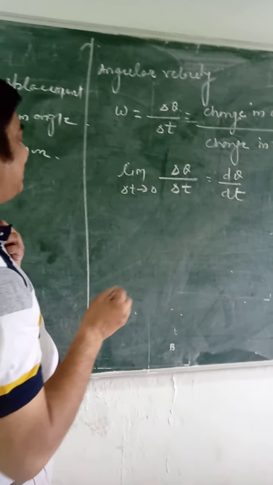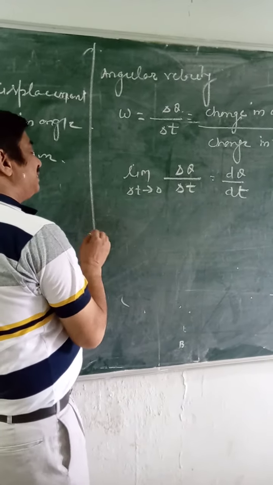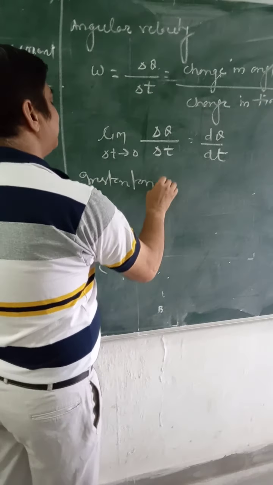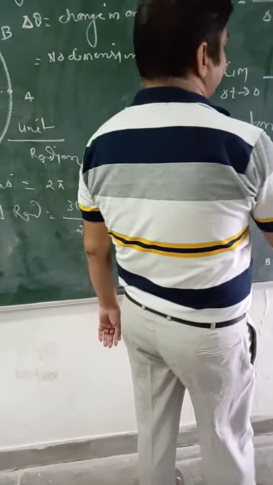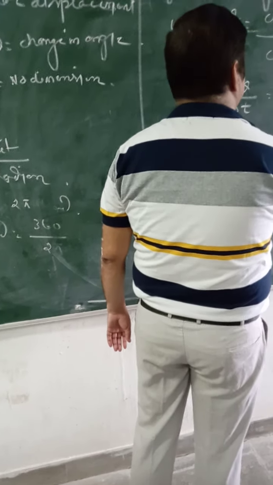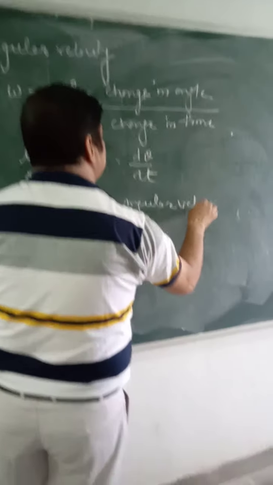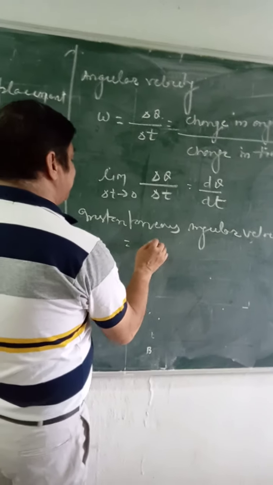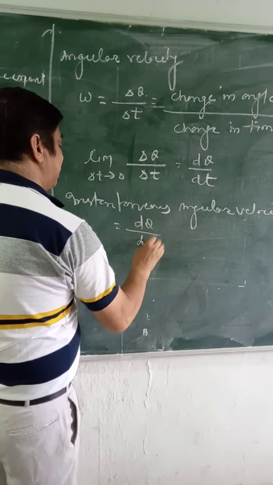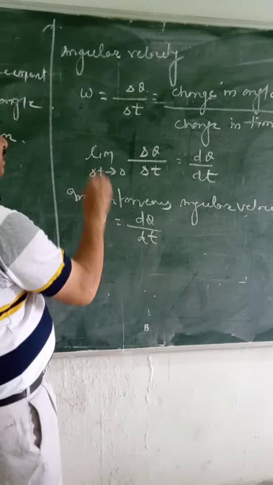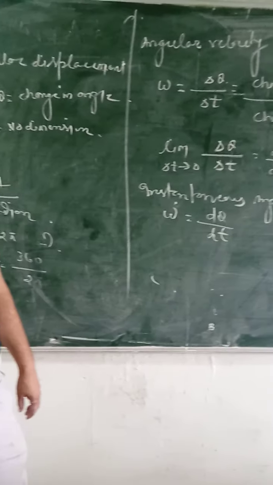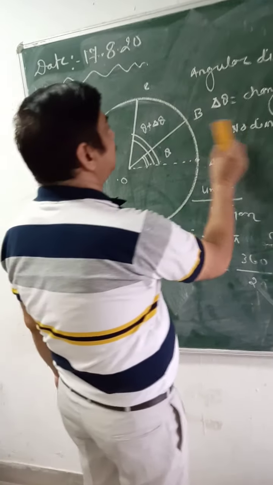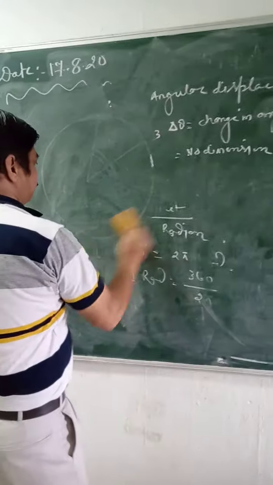In that case, it is known as the instantaneous angular velocity. And d theta by dt is represented by the same omega.